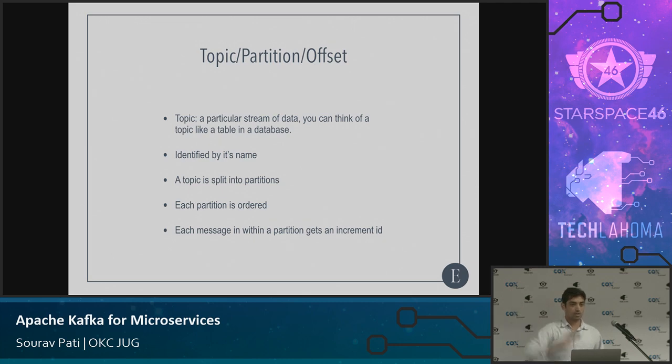Other than an application log, it's like database events. That's where the event comes into the picture. Each message in the partition gets an incremental ID, very much like a primary key, that becomes the offset. That's what they call an offset.